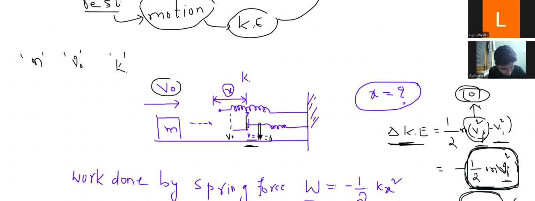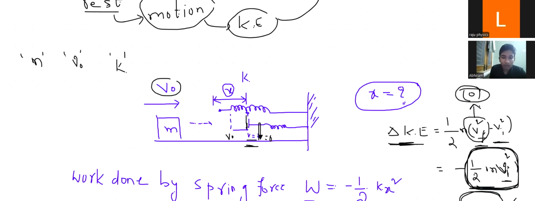A block of mass M with initial speed v naught moves towards a stationary spring. A normal spring is attached to a wall. Excellent. The mass of the body pushes the spring. The spring is compressed from its actual position to somewhere.